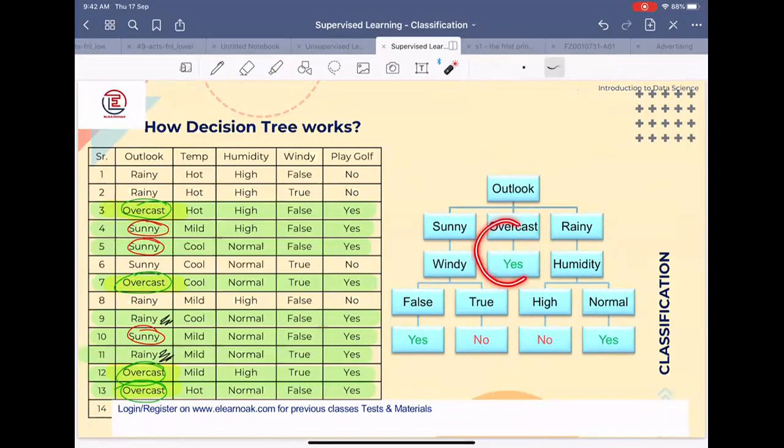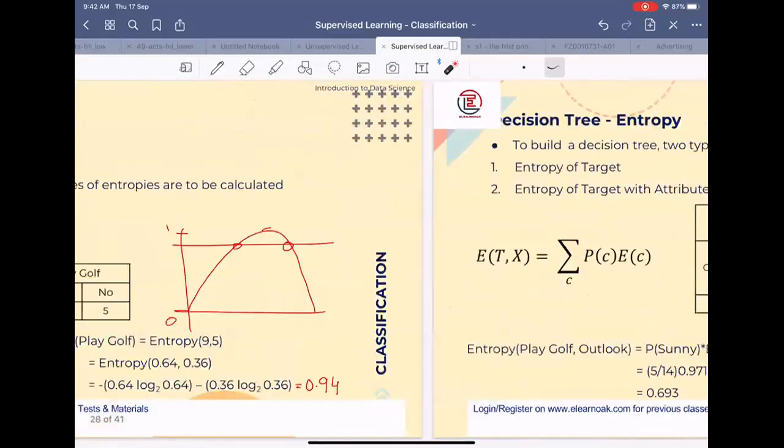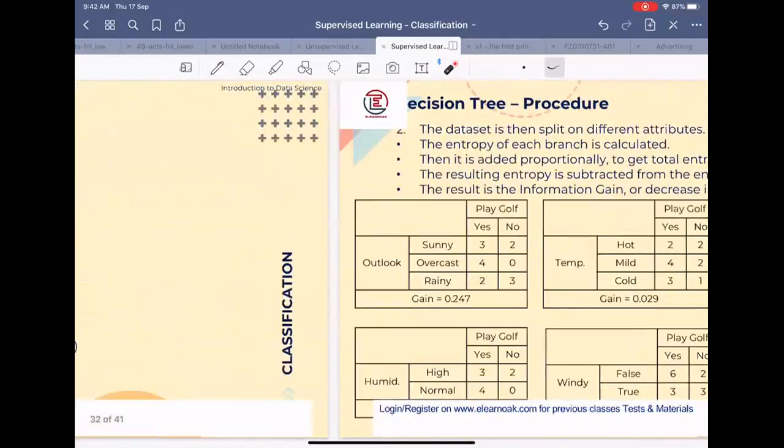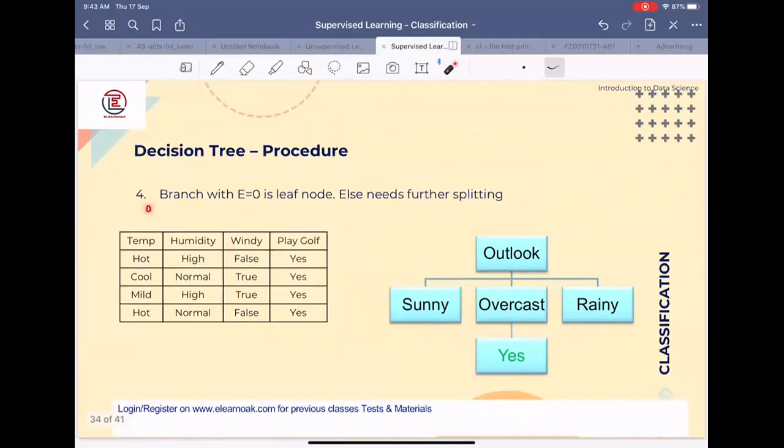For these 4 rows, since we have already looked at outlook, outlook is not a deciding feature anymore. Then we are left with 3 features: temperature, humidity, and windy. We look at these as features and play golf as target.